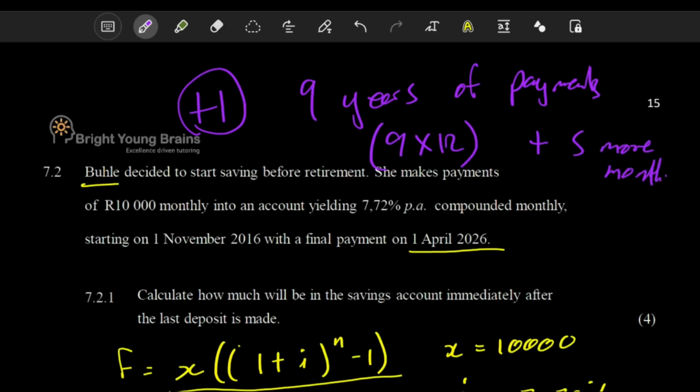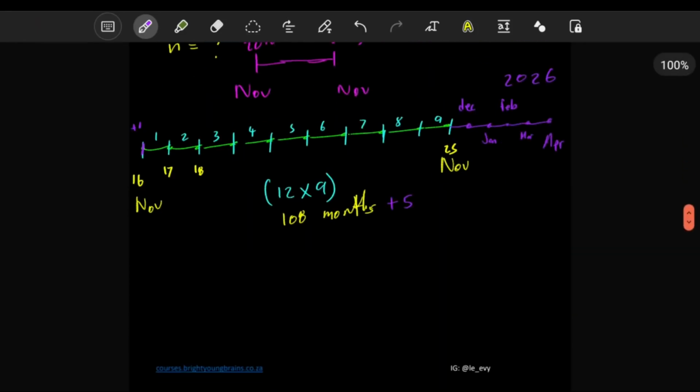So it's going to be the 1 here plus the 108 plus the 5 months. That's going to give us a total of 114. Let's just check that in the calculator. 1 plus 108 plus 5 is giving us 114.